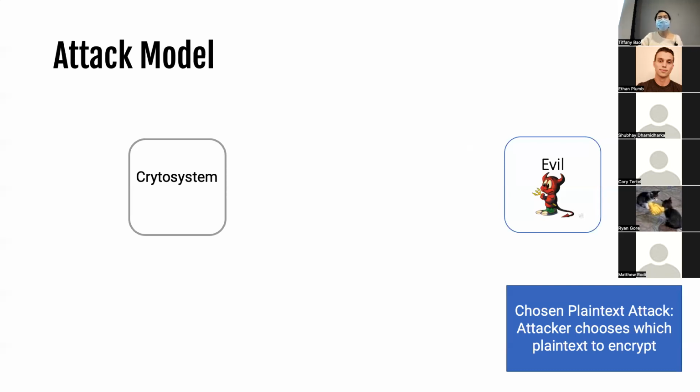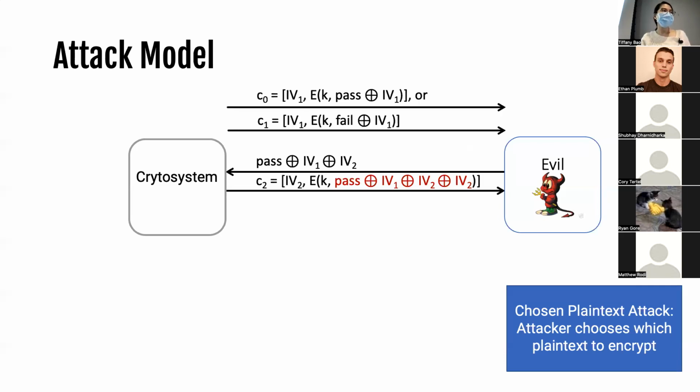Basically, the attacker chooses the specific plaintext and sends it to the crypto system and asks it to encrypt. Then, based on the encrypted result, the attacker infers information from this encrypted message, such as what the previously sent message was, like recovering the previous encrypted message. So here is how it works.